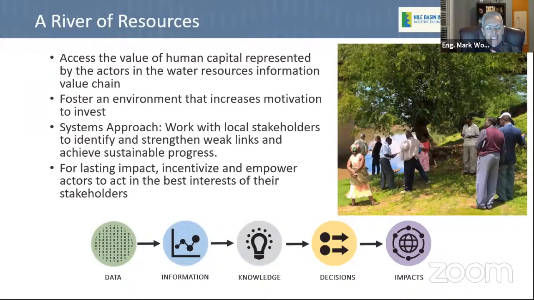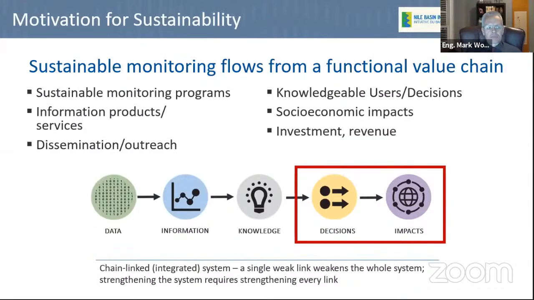And for lasting impact, we need each person along the value chain to be incentivized and empowered to act in the best interests of their stakeholders. So let's talk about what that might mean.